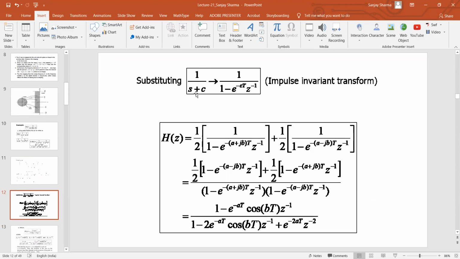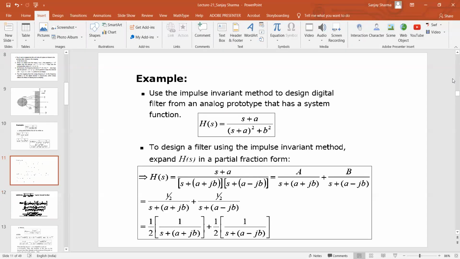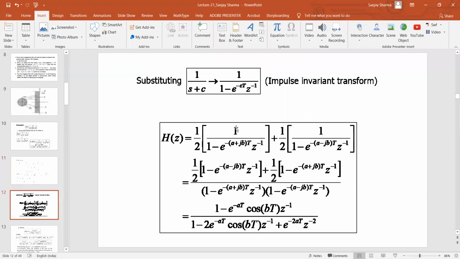So I use this 1 over s plus c impulse invariant method, and once I solve this, this will be my coefficient. a plus jb will be my first factor here, e to the power minus (a plus jb), and e to the power minus (a minus jb).